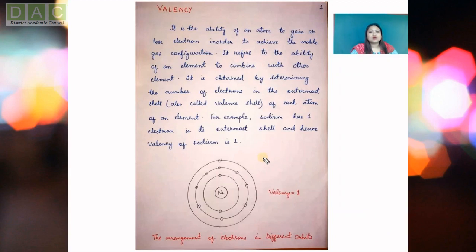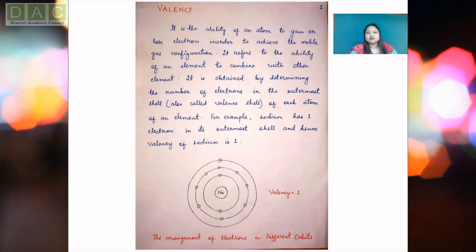The arrangement of electrons depends upon their potential energies in different orbits. In this diagram, we can see there are different orbits of the sodium atom, for example. Depending upon their potential energies, there are different energy levels.